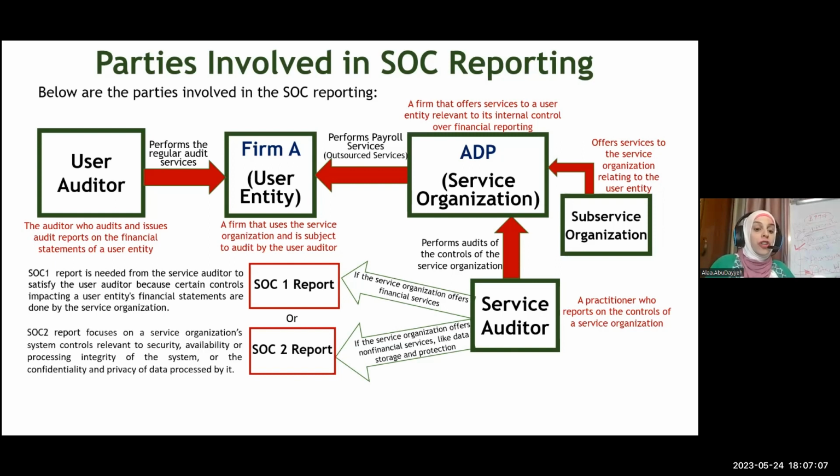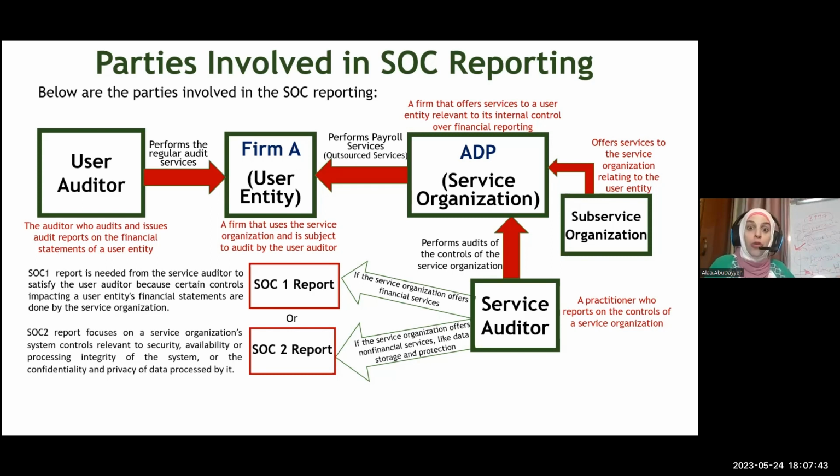The SOC 2 reports focus on a service organization's system controls that are relevant to security. We want to make sure that the cloud-based service provider, for example, has the proper security controls, availability, or processing integrity of the system. We want to make sure that everything is fine. Our information, our data, when we store it with a cloud-based provider, we want it to be secured, we want it to be available, and we want integrity in storing this information, and the confidentiality and the privacy.